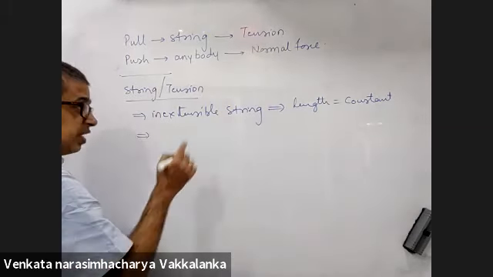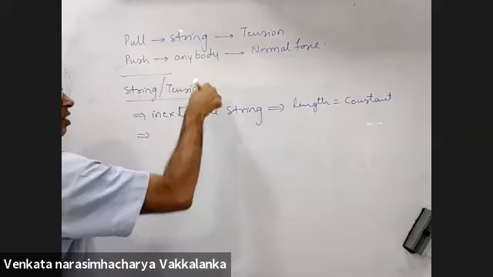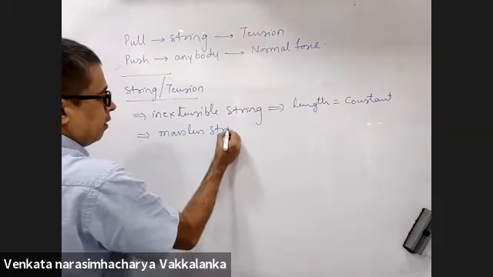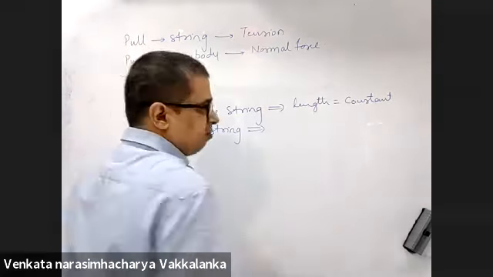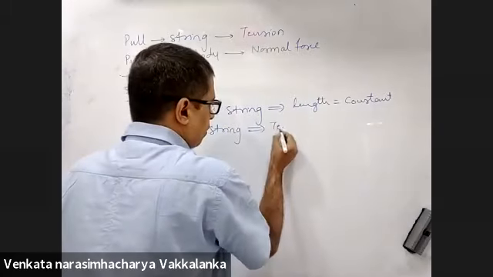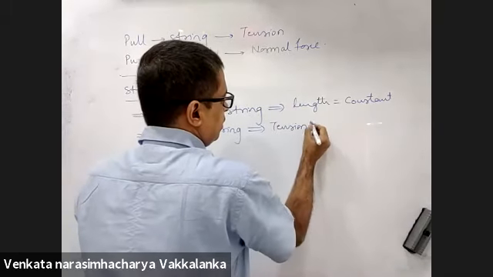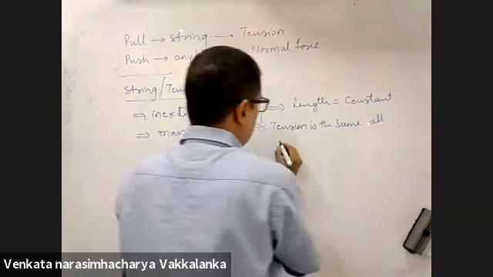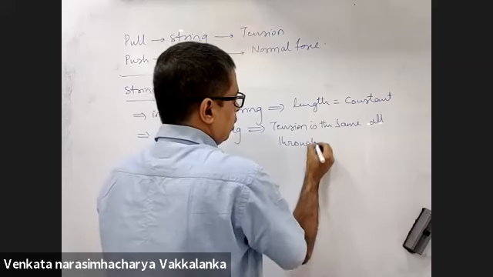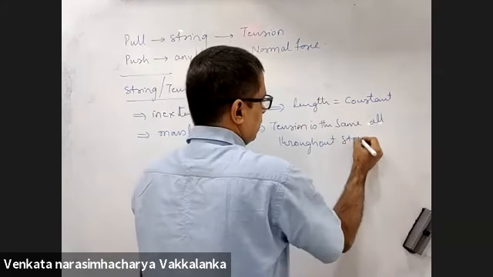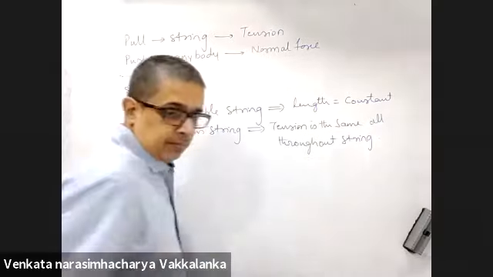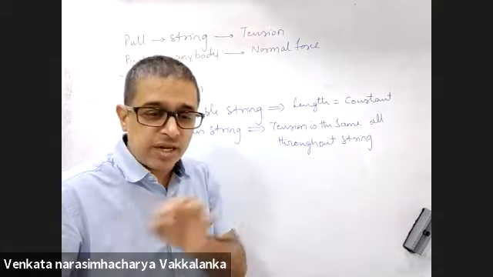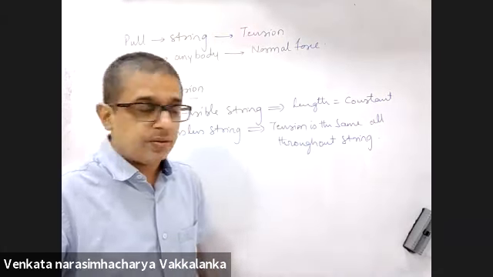Second assumption that we take in this chapter is a massless string. If the string doesn't have mass, tension is the same all throughout the string at different points.